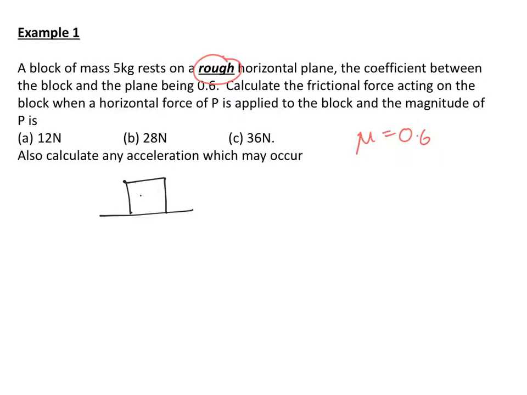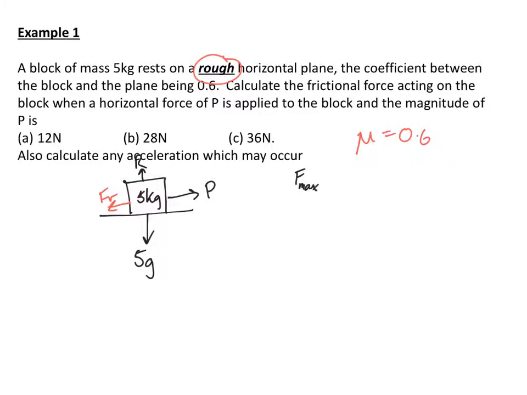We've got the block of 5 kilograms, so I have my weight 5g acting down and this normal reaction acting up, and we're given some force P. If P wants to move things to the right, then my frictional force, let's call it FR for the minute, is acting to the left. It's going to act against that. First of all, I want to find the maximum value of friction.